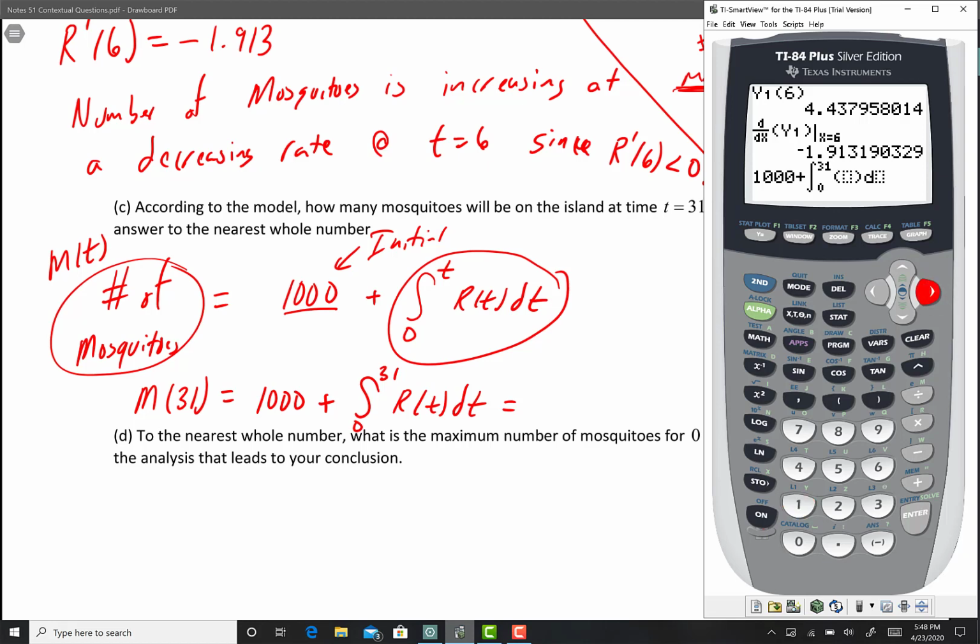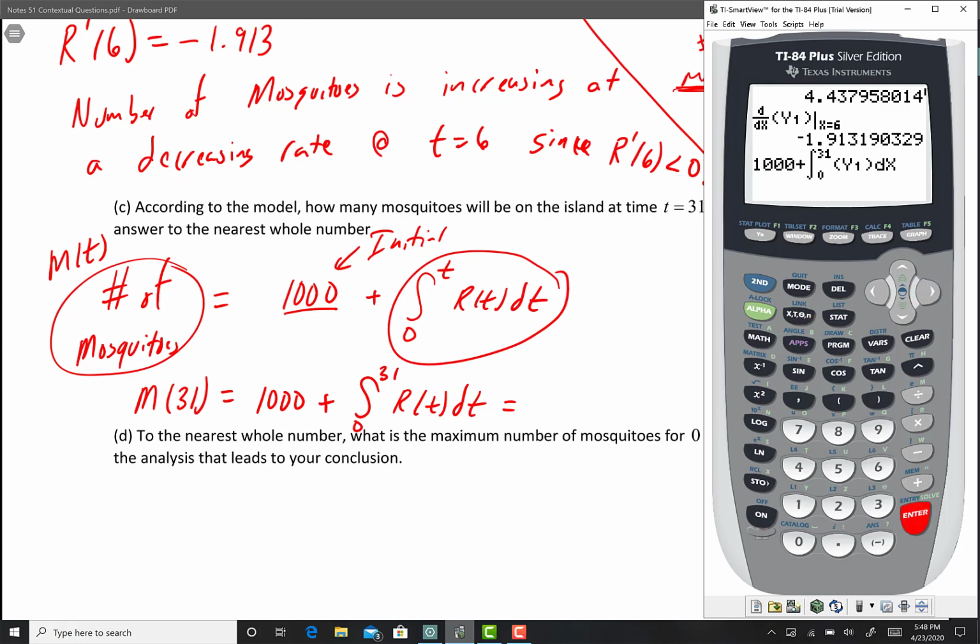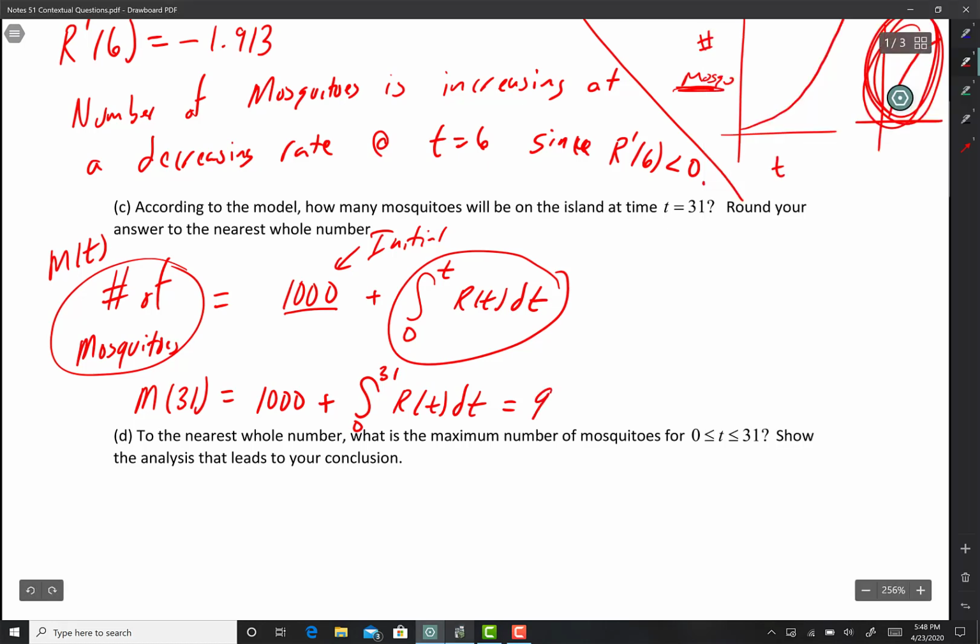And I'm going to put alpha trace Y1 and X, enter. There it is, 964.335. And this is, round your answer to the nearest whole number.